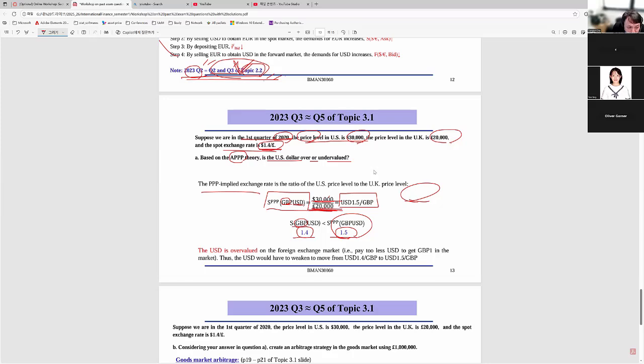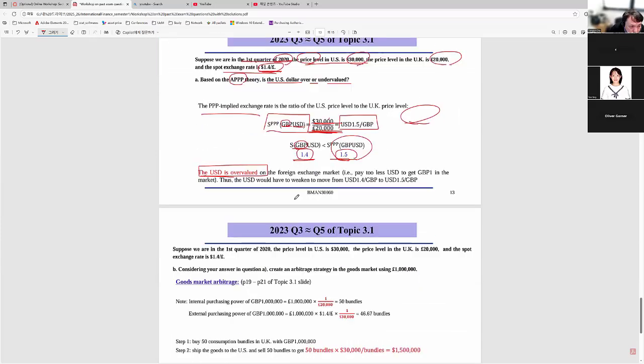Pound is undervalued. When the pound is undervalued, you just pay $1.4 to get 1 pound. The right number should be $1.5. So the pound is undervalued. In terms of dollar, dollar is overvalued. Okay, so that's the answer for the first question.